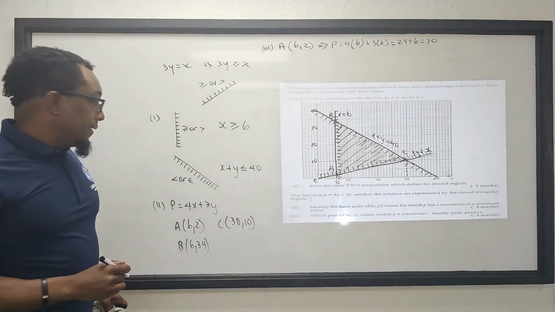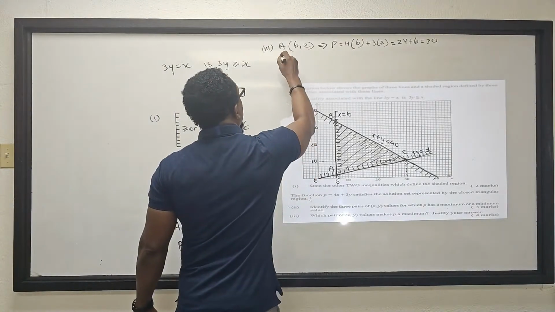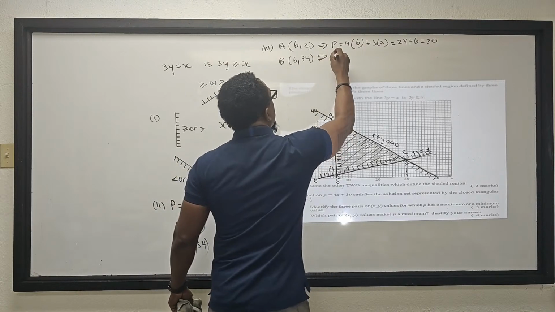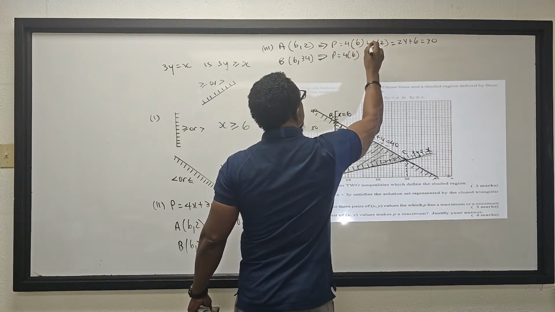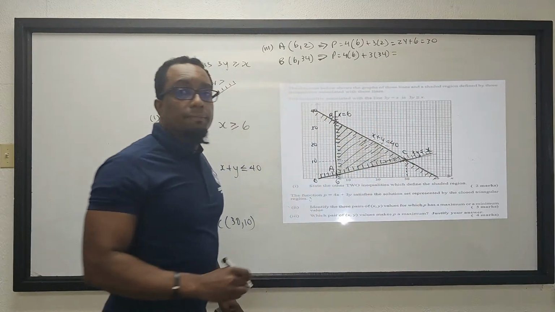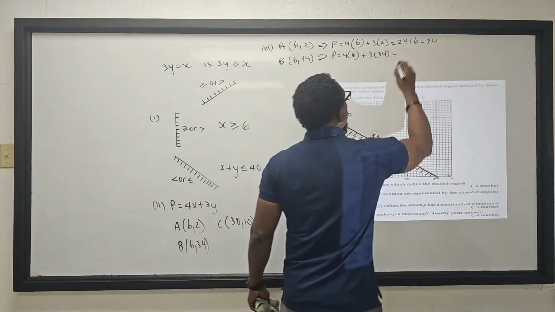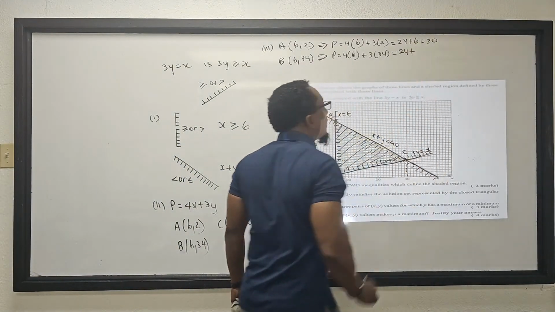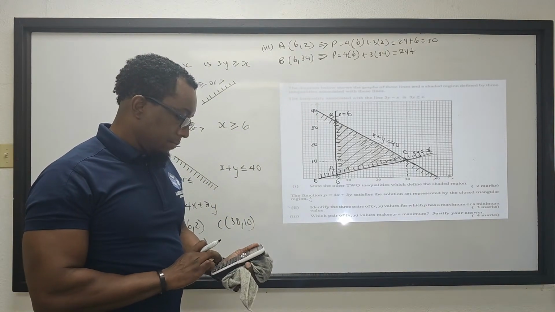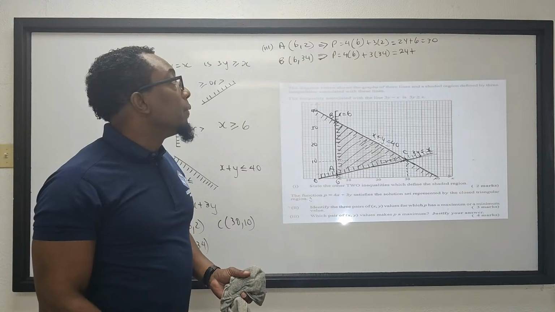And when it's B, 6, 34, p is equal to 4 times 6, plus 3 times 34. So 6 4s are 24, plus 3 by 34 will be 102.